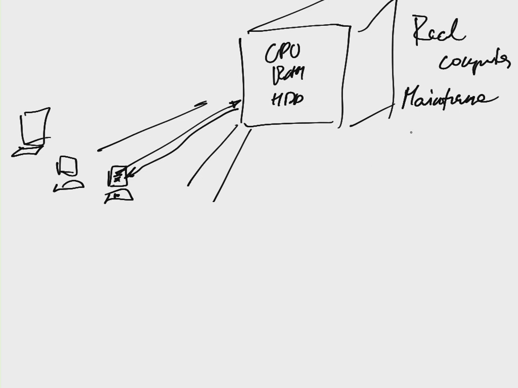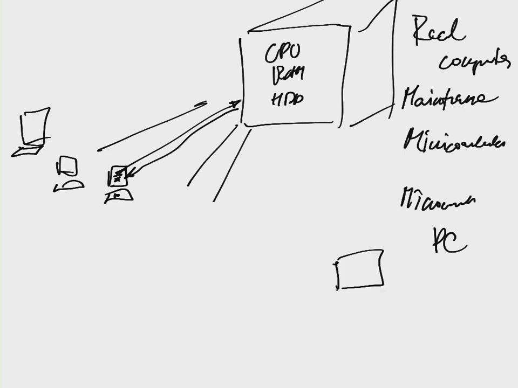And some smaller computers were introduced, like minicomputers, which still worked approximately in the same way as these mainframes or large computers. And then microcomputers were introduced, which are mostly IBM personal computers, which had everything more local.